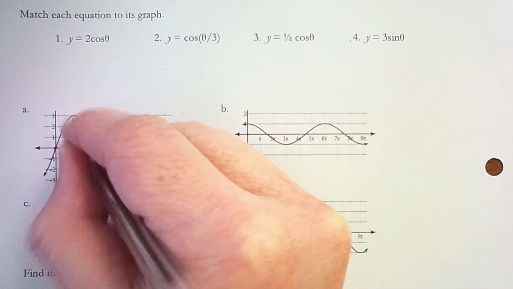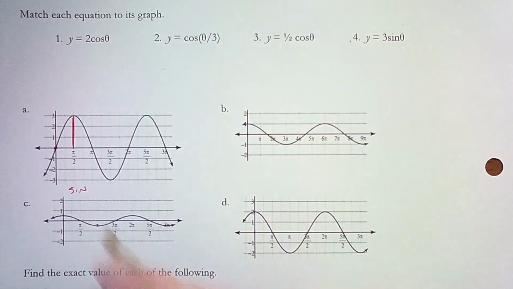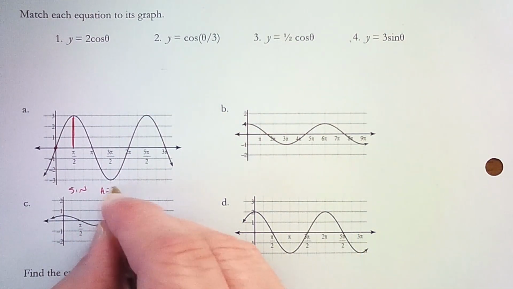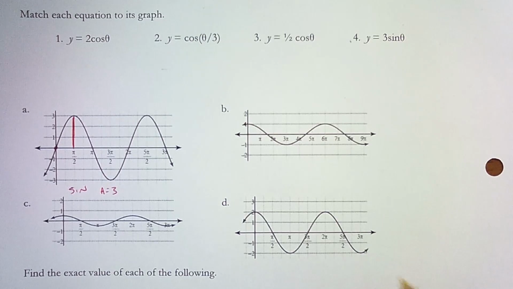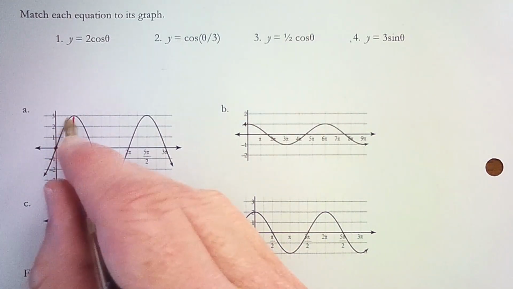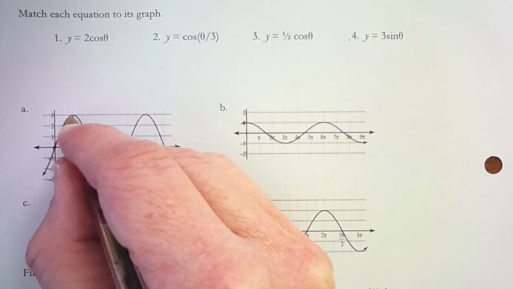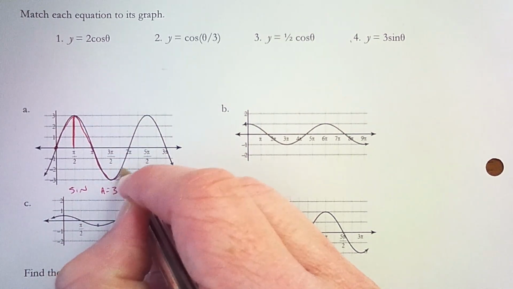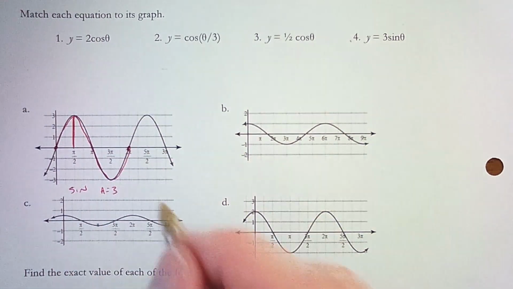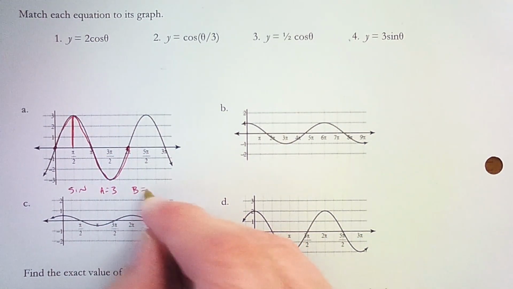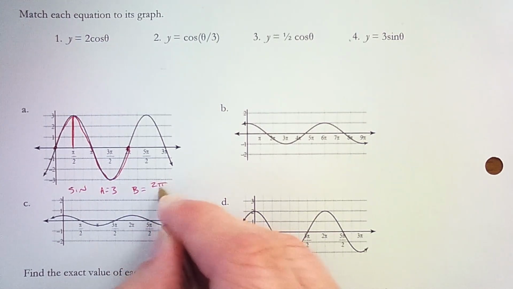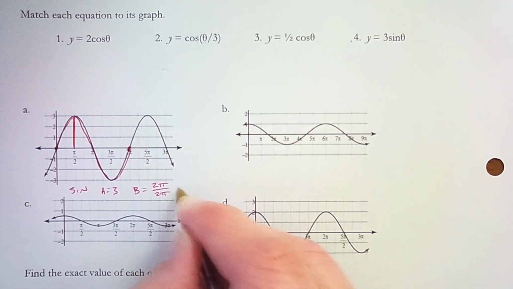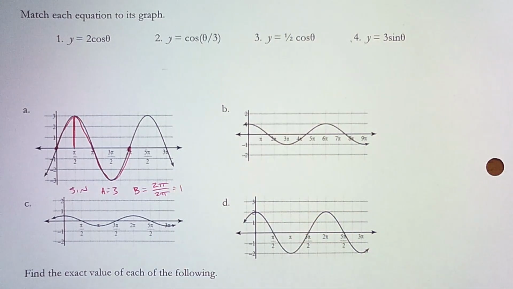The amplitude from the center line to the maximum appears to be 3, so a is 3. The period, it goes from 0, and I'm going to trace one full cycle. It ends right here. The period is 2 pi, so b is 2 pi over the period, which is 2 pi. So b is 1.